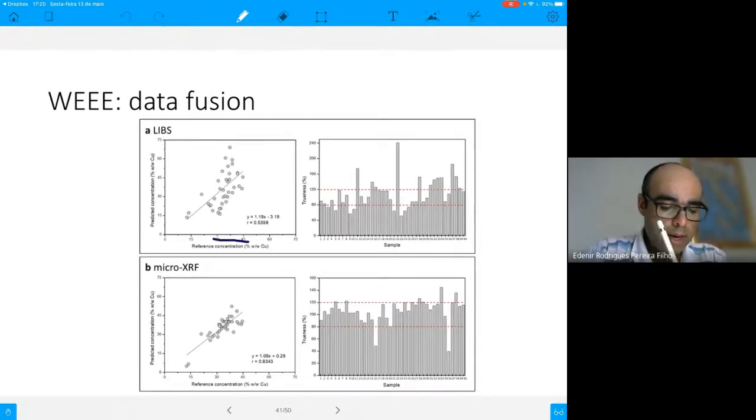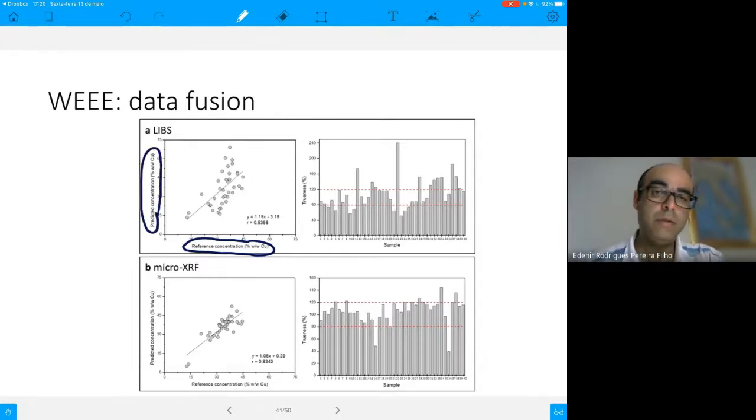On the x-axis, we have the reference copper concentration, and on the y-axis, the predicted concentration. We selected an emission line of copper for LIBS, and the trueness values, you can see, varied from 17 up to 200%, not so good.